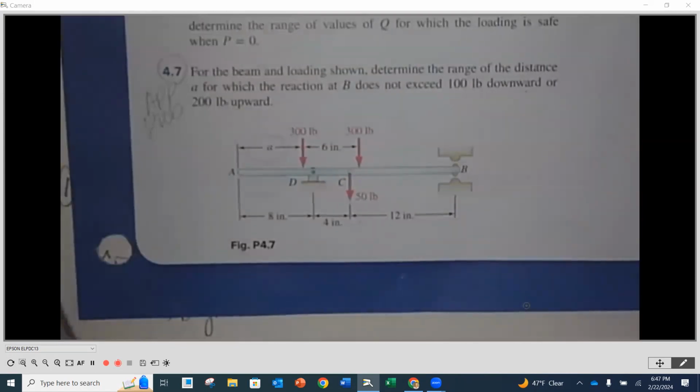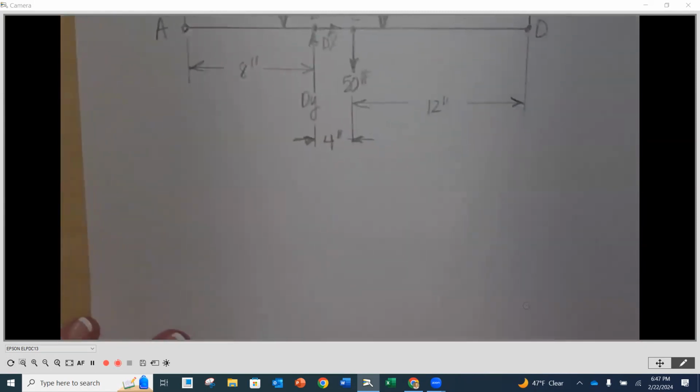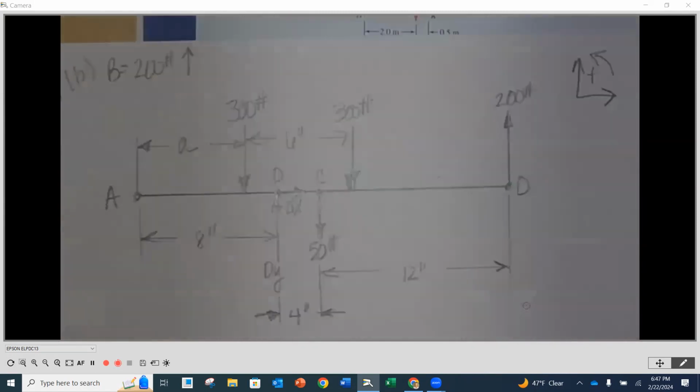I'll zoom out here a little bit. Don't forget your convention in the upper right-hand corner at the beginning of each problem.